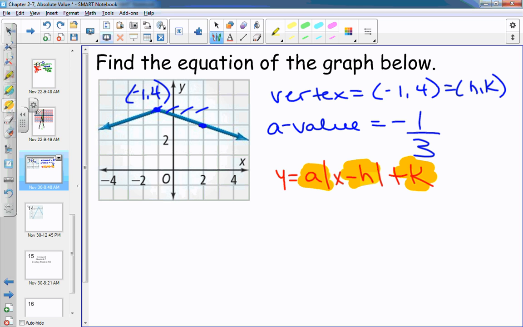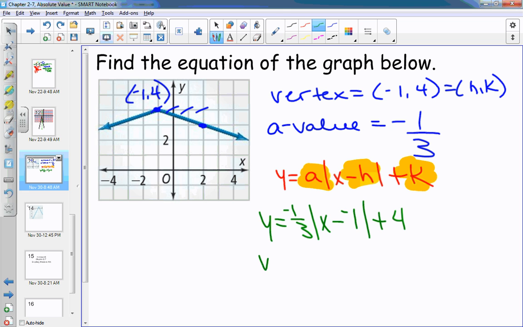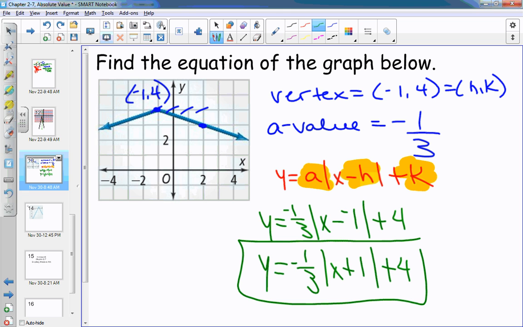So that's going to give me y is equal to -1/3, absolute value of x, minus a -1 plus 4. What is minus a negative? So the equation that I want to see is y equals -1/3, absolute value of x plus 1, plus 4. That is the equation.